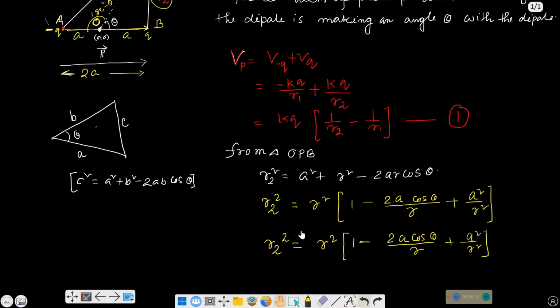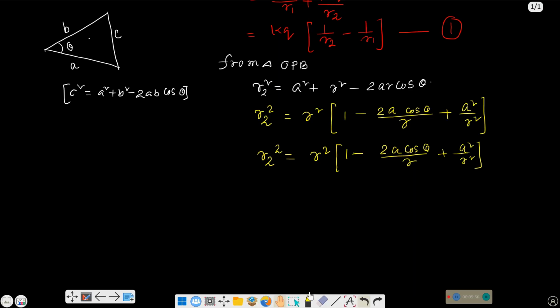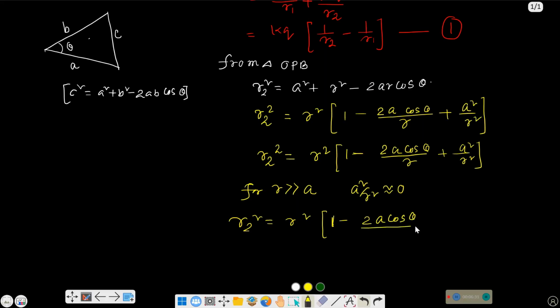For any general point which is very far away from the dipole, that means for r very much greater than a, the term a square by r square will be negligible, so approximately equal to 0. So we are left with r2 square equal to r square times 1 minus twice a cos theta by r.